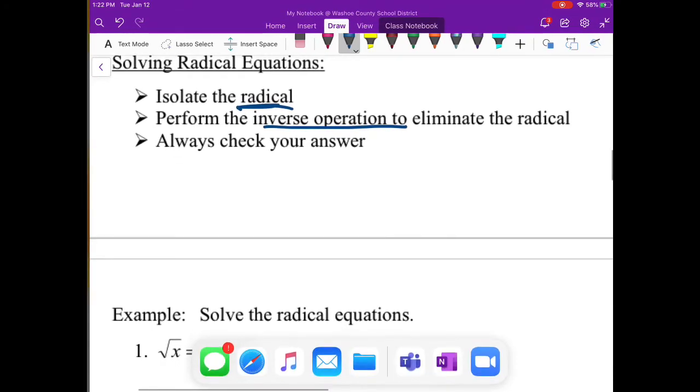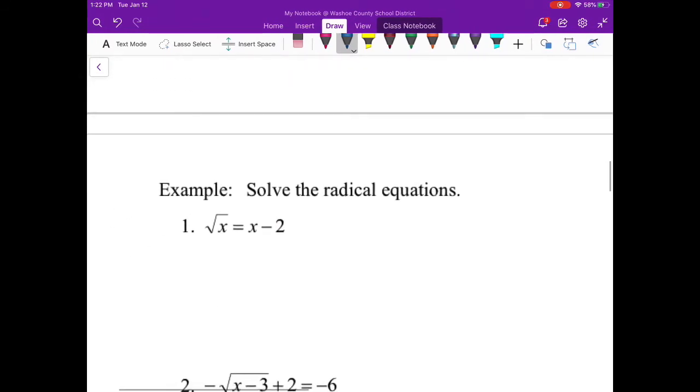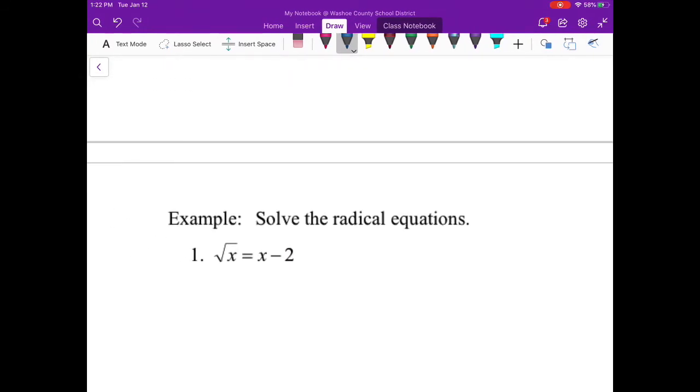So let's go ahead and start solving these radical equations. So here's our first example. It says solve the radical equation, and following our steps, we want to make sure that the radical is isolated. It's all by itself. In this case, yes, the radical is all by itself. So then again, think about how do I get rid of the radical? I'm going to want to square both sides, but I have to do that to both sides here.